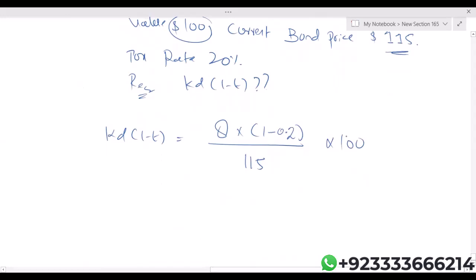In the numerator, 8 multiplied by 0.8, because 1 minus 0.2 will give us 0.8, divided by 115. So 5.56, 5.6 is perfect. Great. So we are getting 5.56%, which is just perfect.